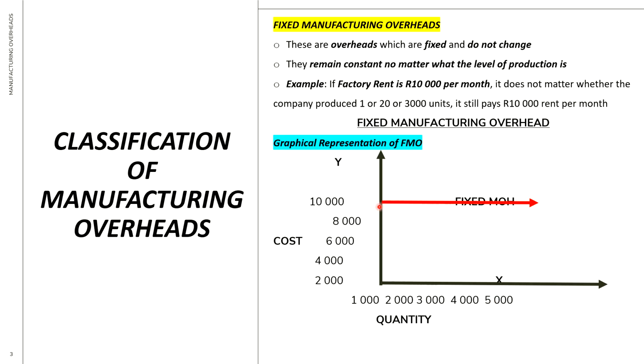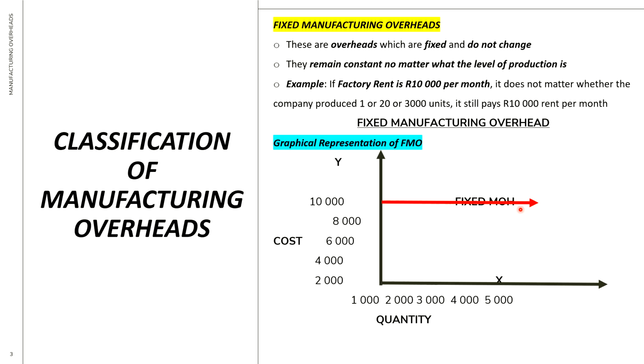So your fixed curve will always be like this. So if rent is 10,000 for instance, so we know our fixed cost is rent, which is 10,000 per month. So we'll be paying 10,000 whether we produce 1,000 or 2,000 units or 3,000 units, we still pay the same rent. Right, I hope that is clear.